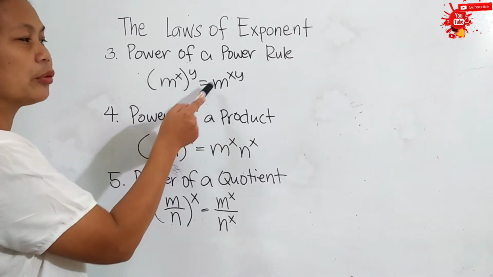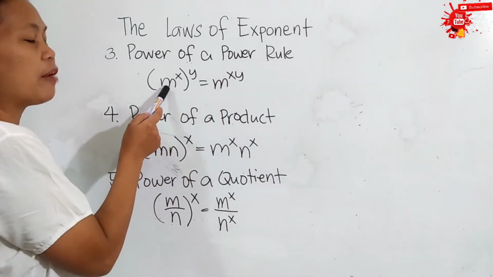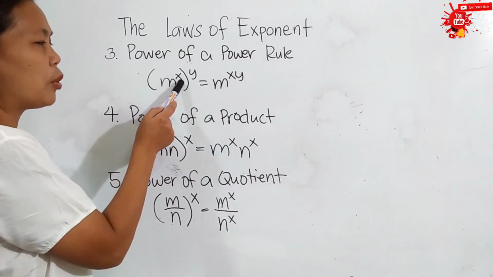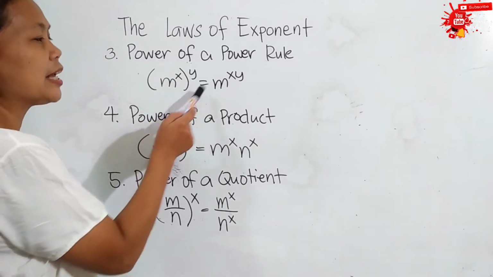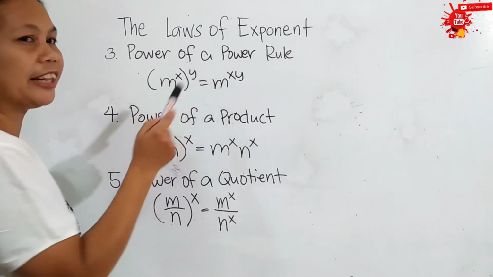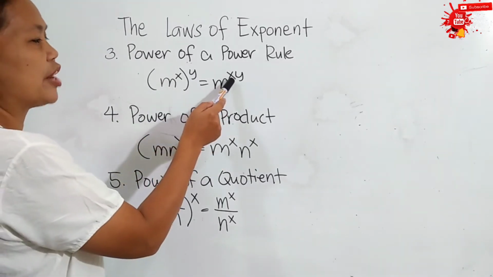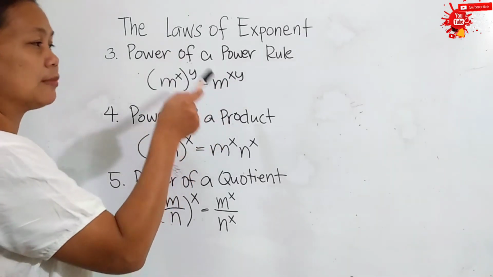So it is equal to m raised to x times y. If we have a particular base with an exponent, then another exponent outside the parentheses, it means that we will copy the base, then multiply the exponent. So we have here xy, which means x times y.